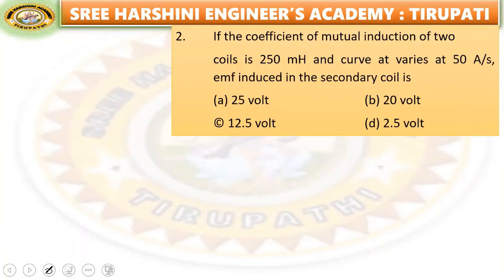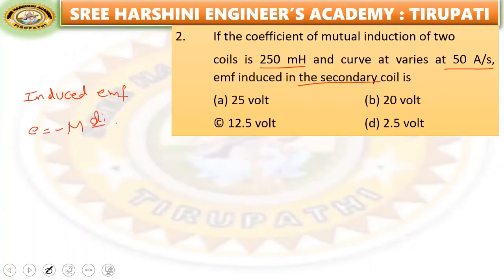Coming to the second question: the coefficient of mutual induction of two coils is 250 mH and the current varies at 50 ampere per second. The EMF induced in the secondary coil is? So what is the induced EMF formula? Induced EMF E equal to minus M into di by dt.